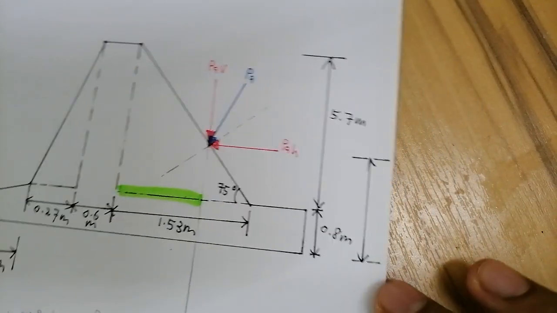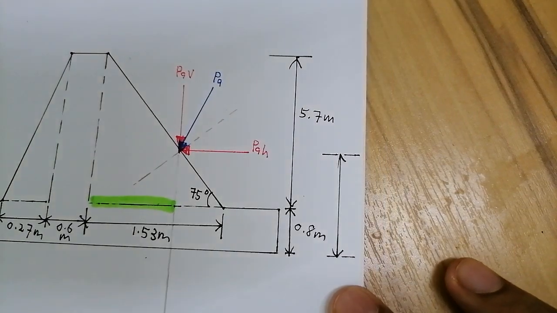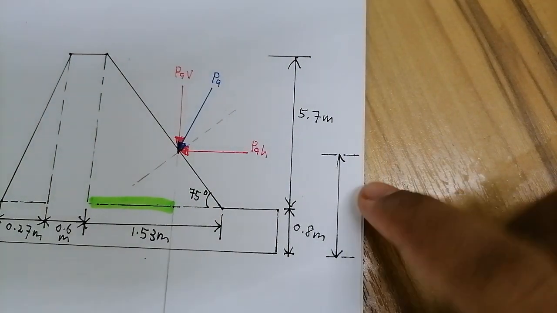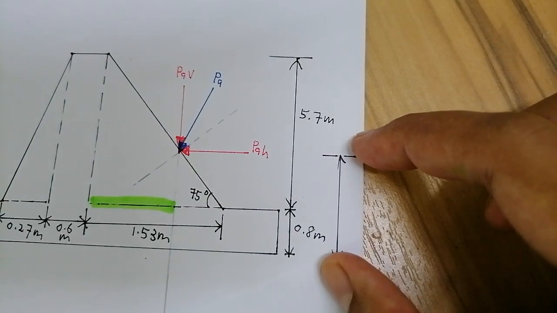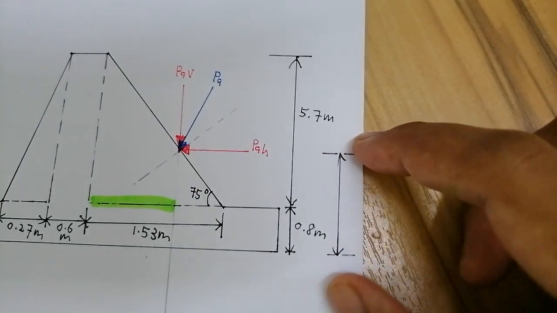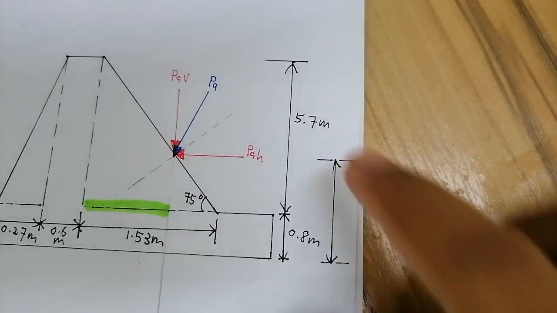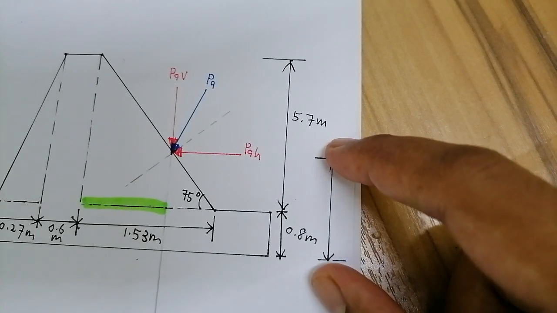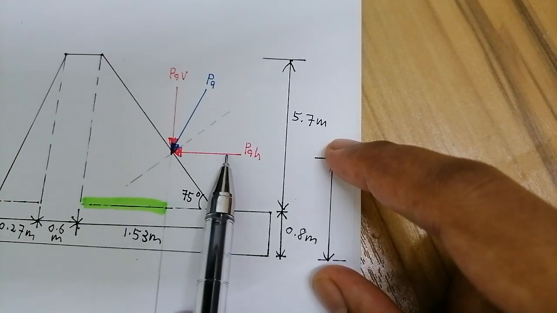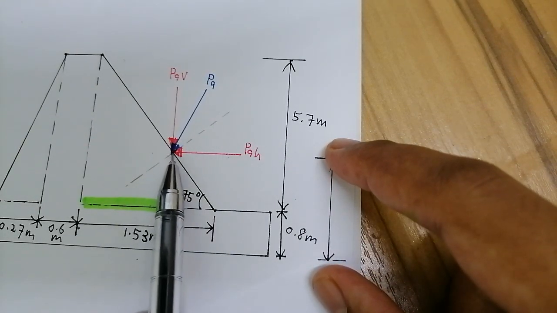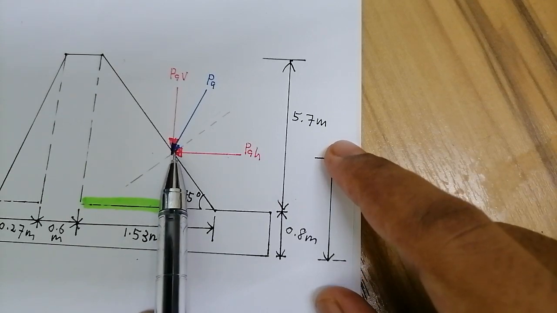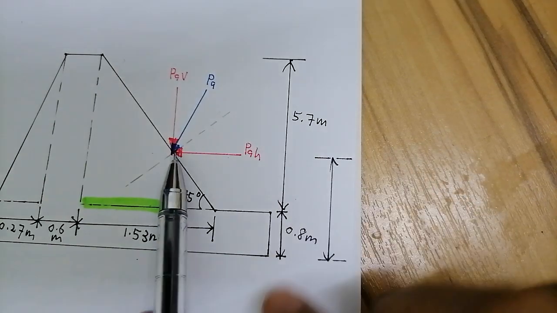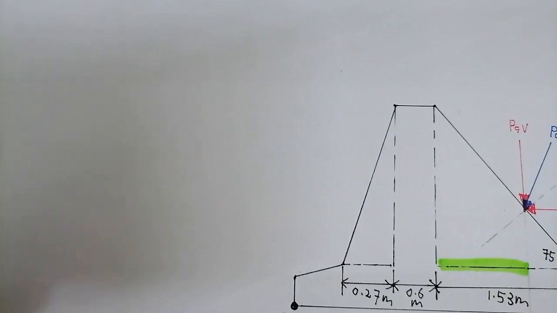First, I want to know this distance. So what is the value of this? We know that our PA is acting at 1/3 from the triangle, remember? Let me draw a bit for you here.